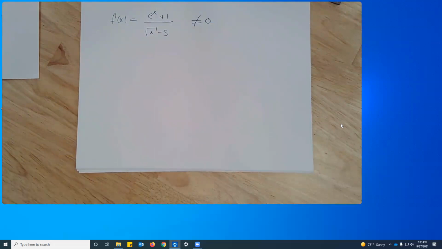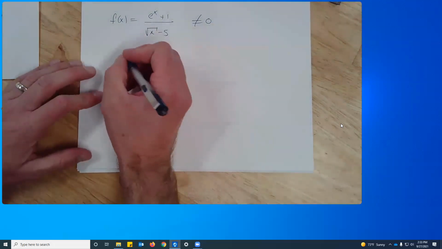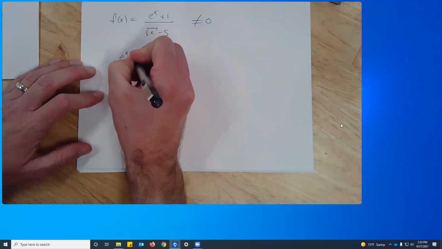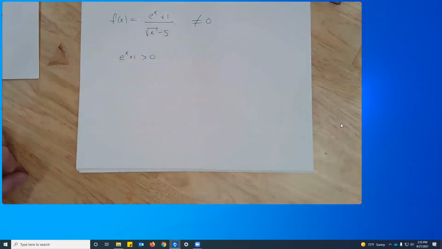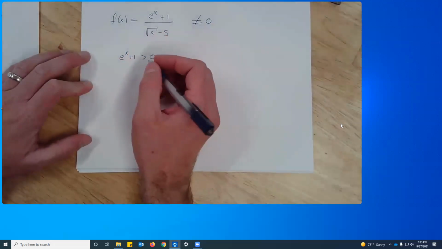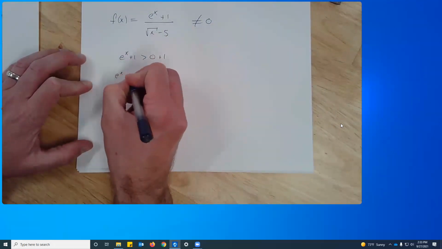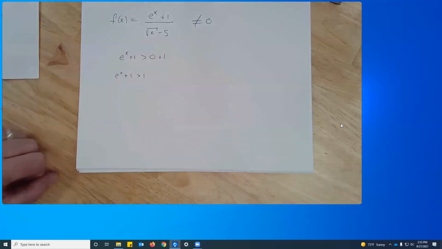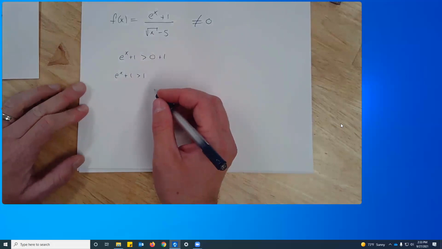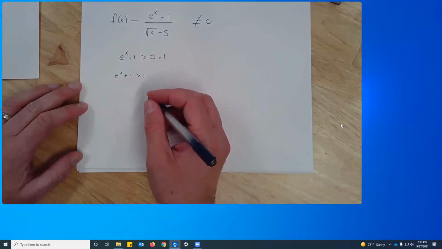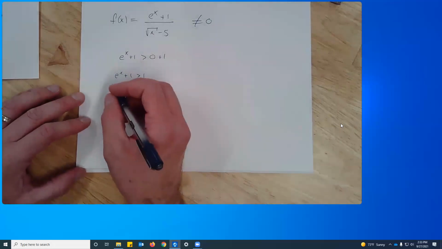But then it gets a little bit weird. Here's what I would say. I know that e to the x plus 1 is always greater than 0 plus 1. Yeah, you could probably do some wacky stuff here.